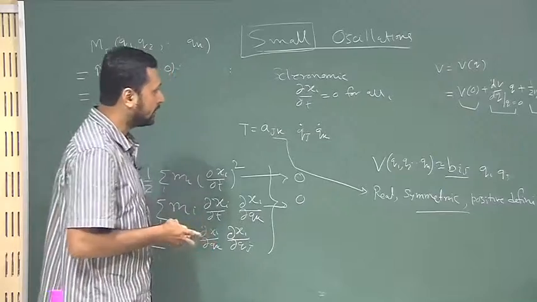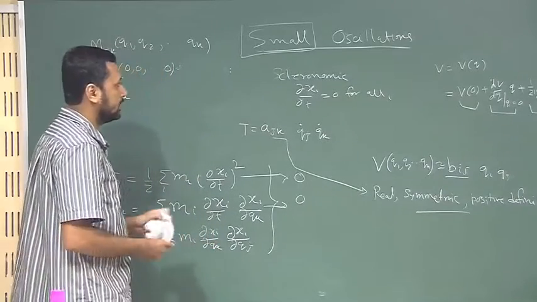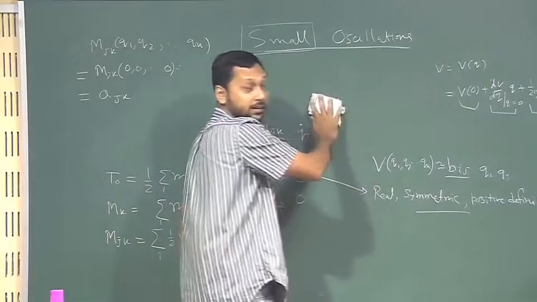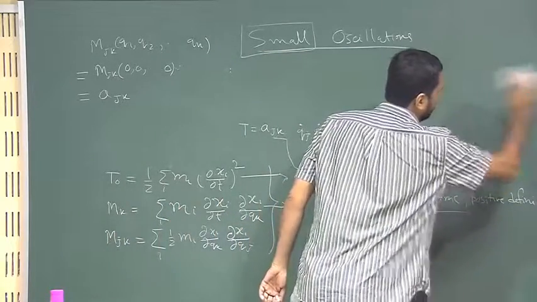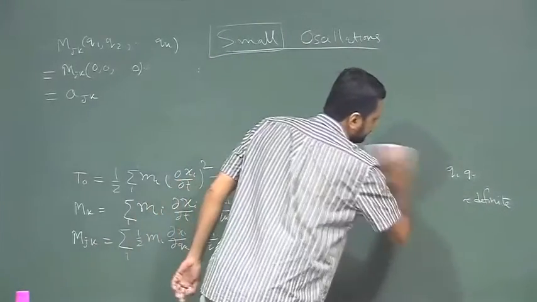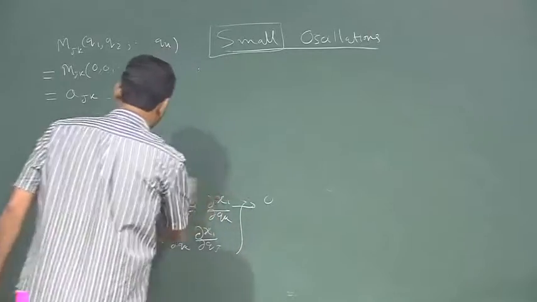So, for small oscillation, if I have a system which is scleronomic in nature, that is one condition we have to follow. It all boils down to this.